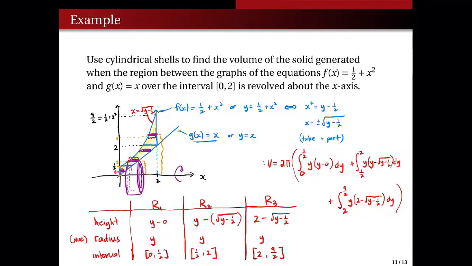So this will give the volume of the solid. Try to calculate this. The volume will be the same as the one we obtained from the previous method.